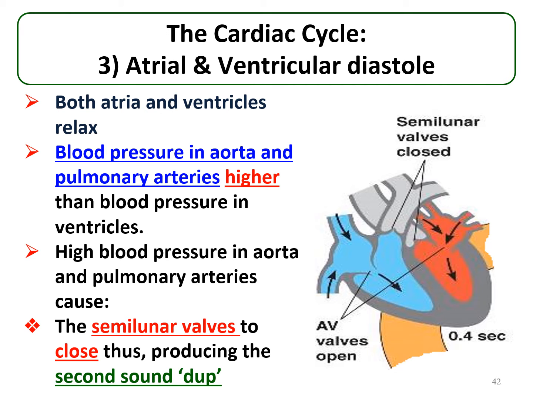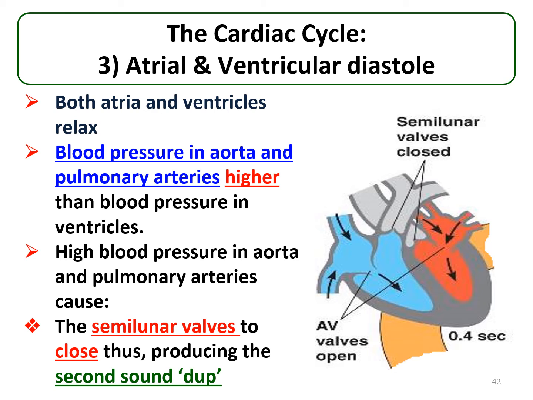In the third phase, both atria and ventricles are relaxing, so the relaxation of the chambers will allow blood from the vena cava and the pulmonary vein to enter the chambers.